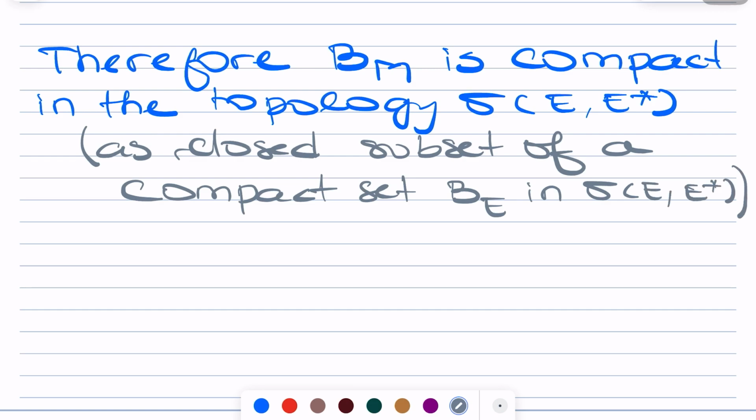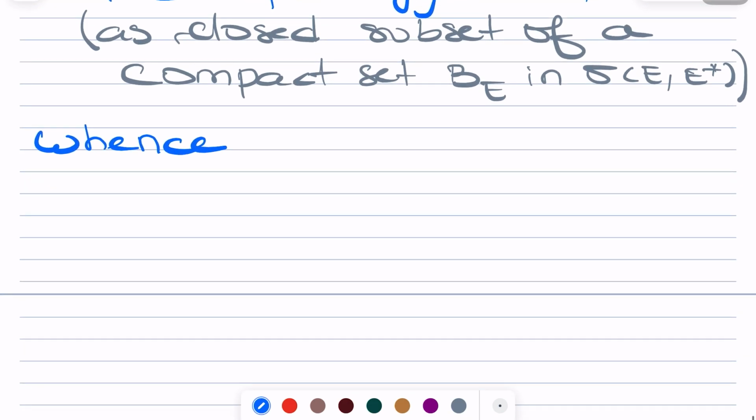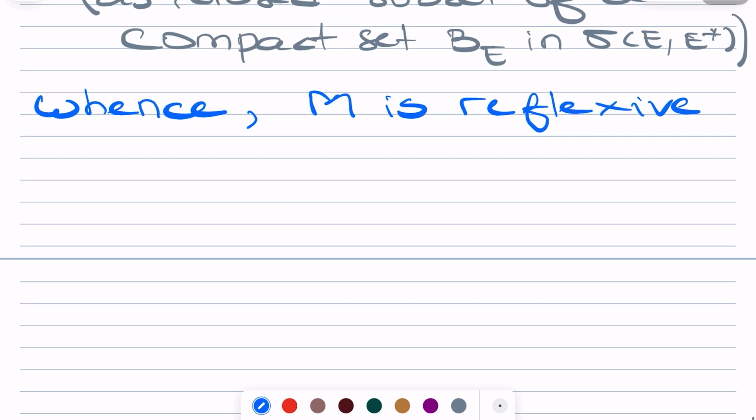Good. So M is reflexive, and we are done. So every closed linear subspace of a reflexive space is actually reflexive.